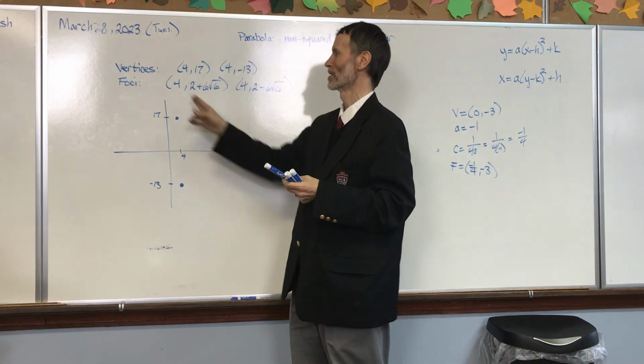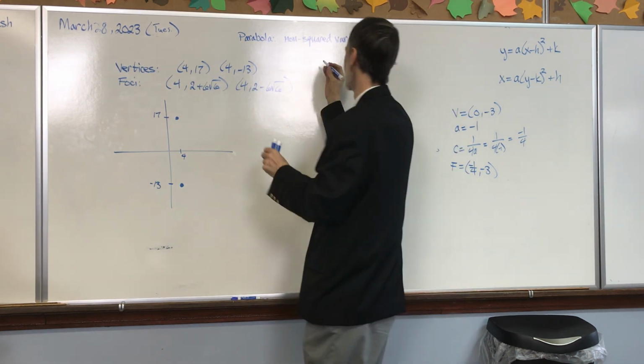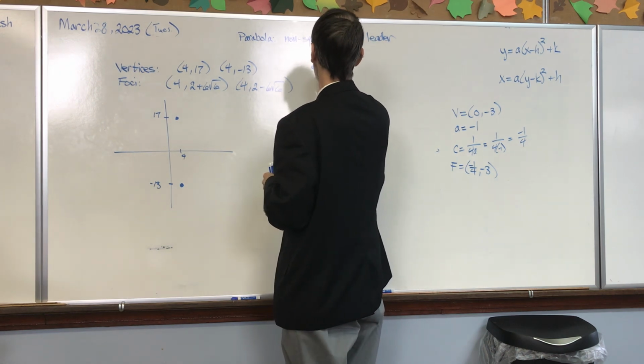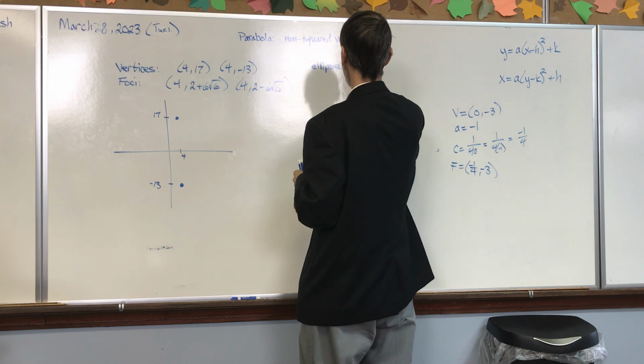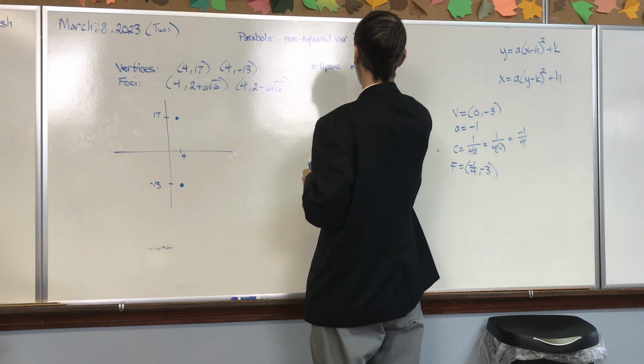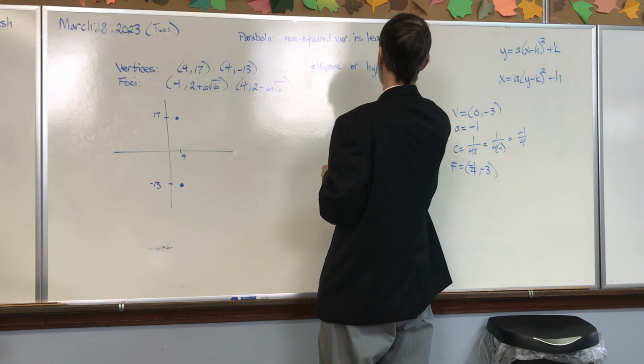It can't be a circle because it doesn't have foci, it doesn't have vertices at all. It must be either an ellipse or a hyperbola. And I don't know yet.